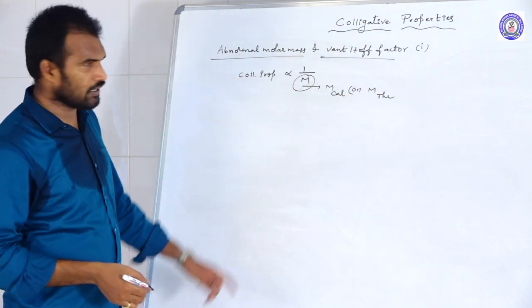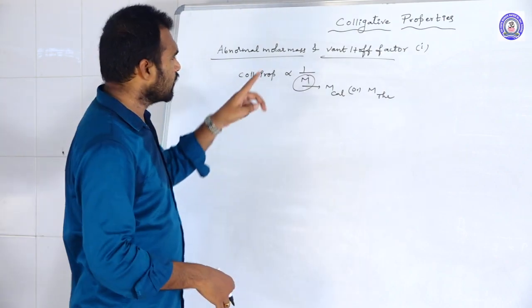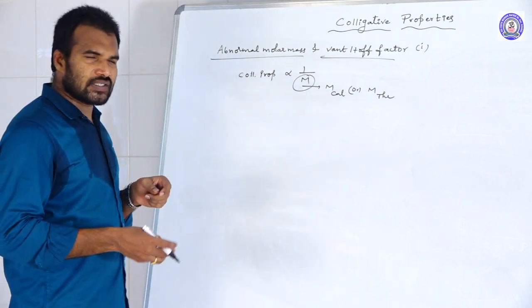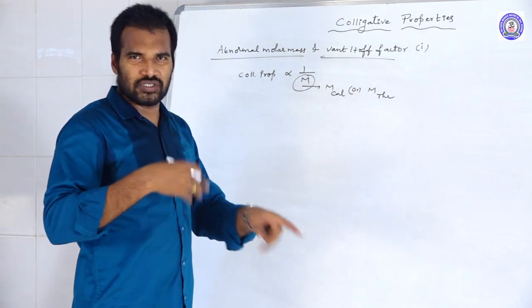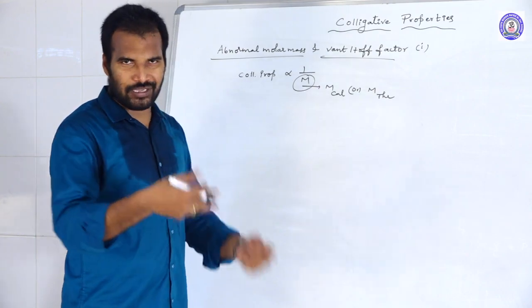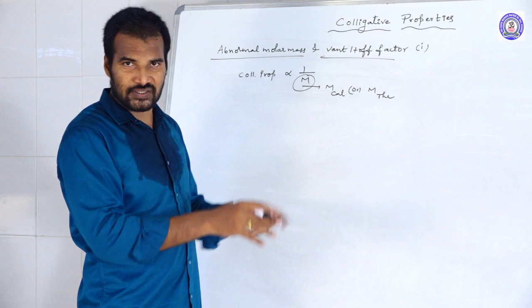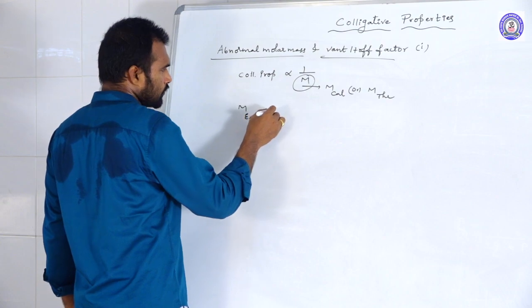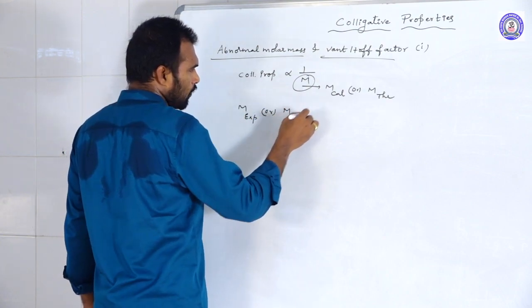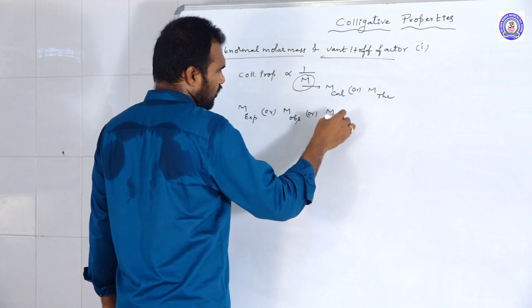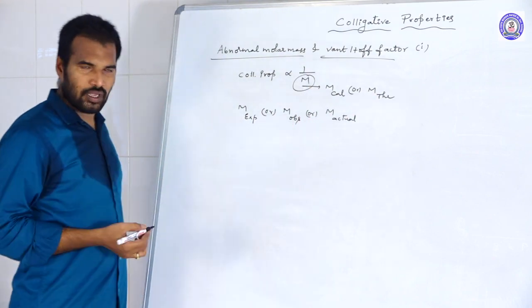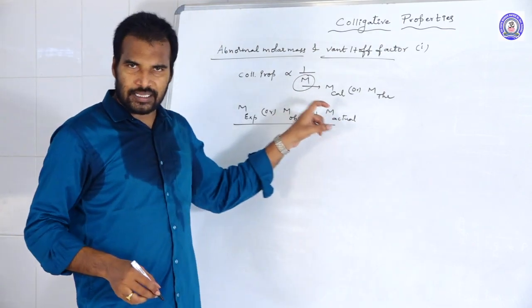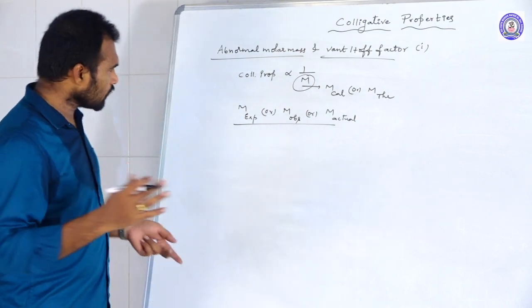But the molecular mass that we experimentally observe by using some equipment for the same substance, we call M experimental, also M observed, also M actual.